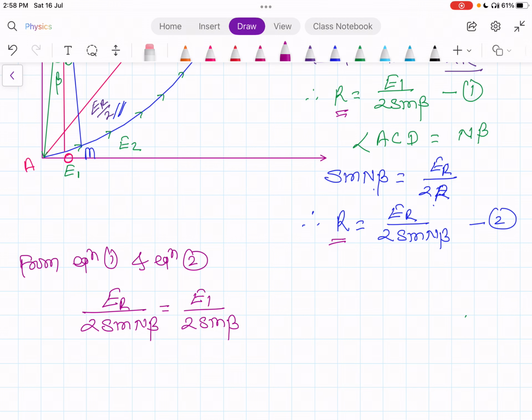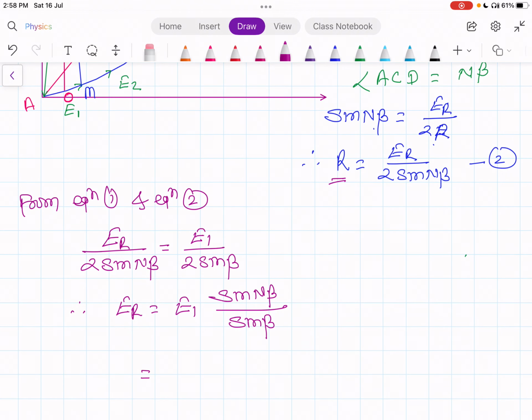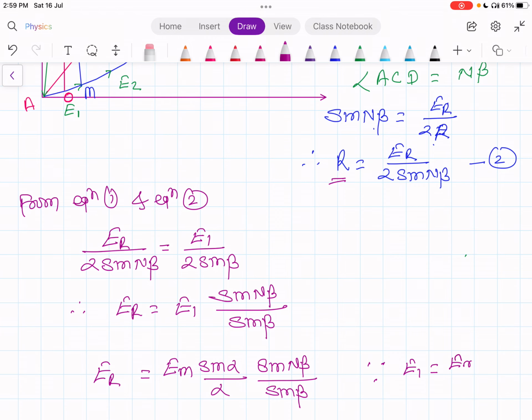Therefore, ER is equal to E1 sine of n beta upon sine beta. But this E1 is nothing but Em sine alpha upon alpha, so ER is equal to Em sine alpha upon alpha into sine of n beta upon sine beta.